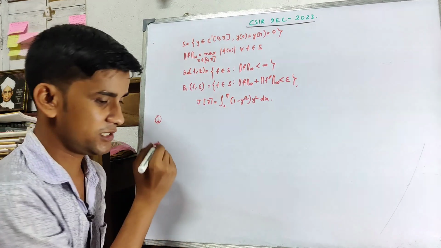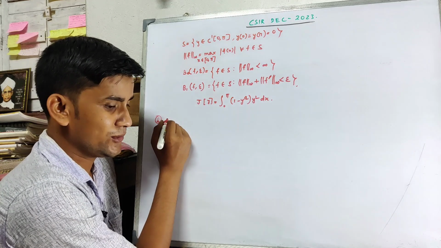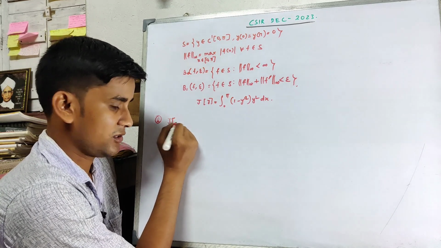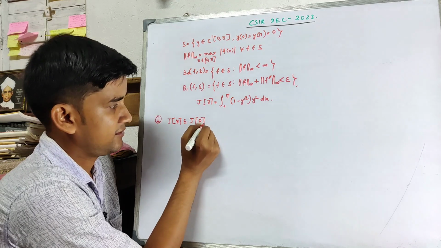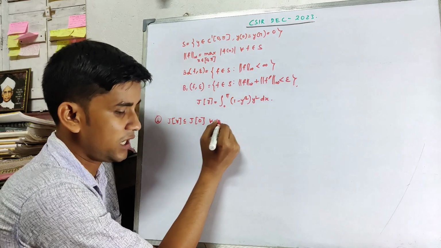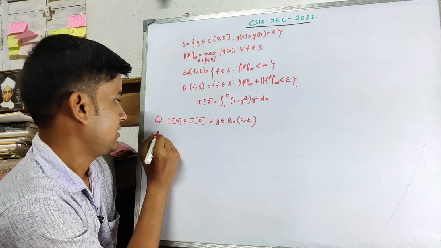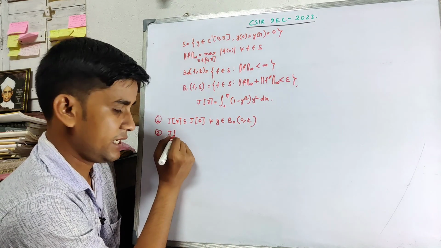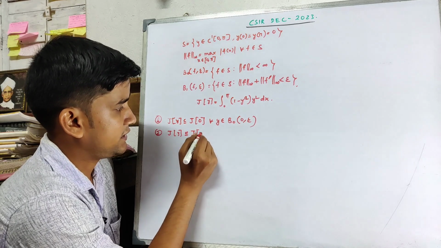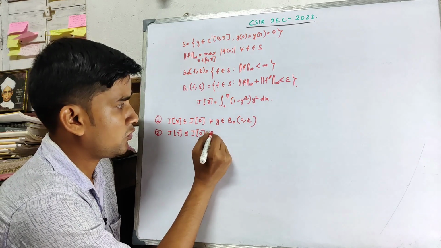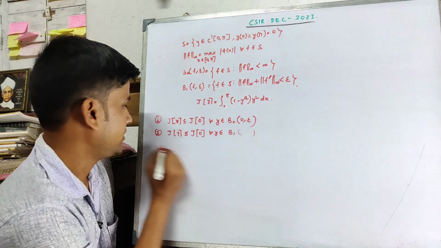This is very time consuming since my laptop is down, so I don't make any videos for this reason. Option 1: J(y) is greater or equal to J0 for all y belongs to B0(0, epsilon). Option 2: J(y) is less or equal to J0 for all y belongs to B1(0, epsilon).